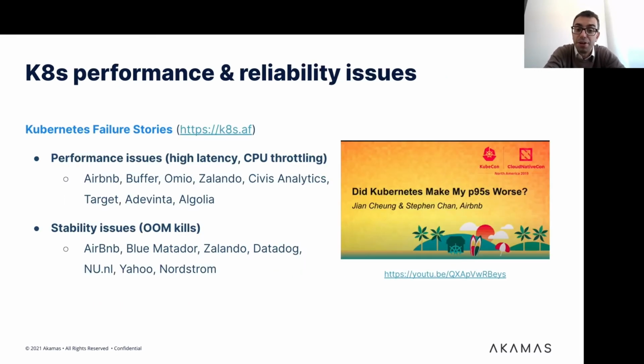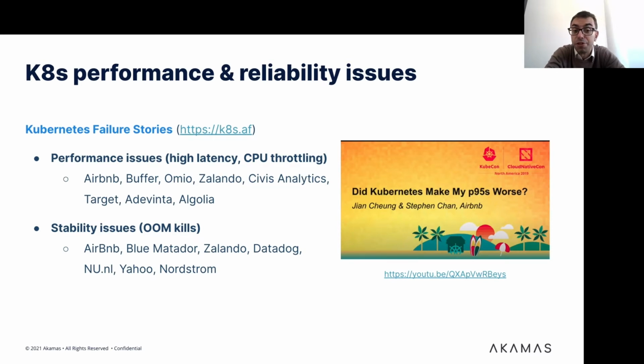Besides the increasing costs, there are more and more stories of how difficult it is to ensure performance and stability for Kubernetes applications. The Kubernetes Failure Stories is a website that was specifically created to share Kubernetes incident reports with the goal to learn how to prevent them.